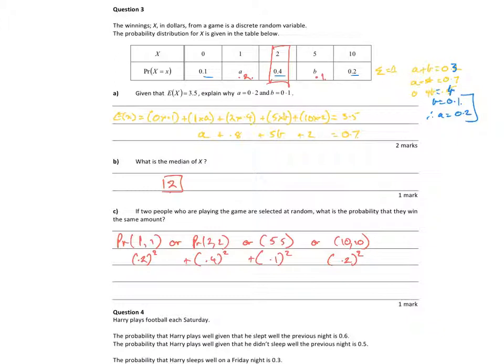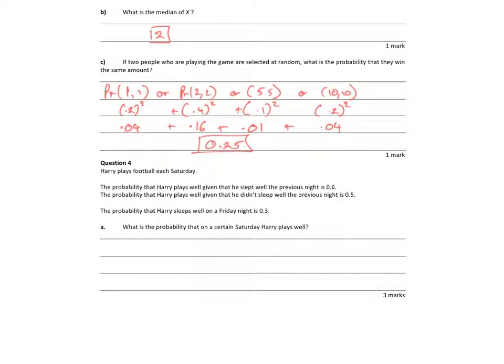So 0.2 by 0.2 is 0.04, 0.16, 0.01, 0.04. We add them together. We get 0.20 plus 0.05 is 0.25. Okay.